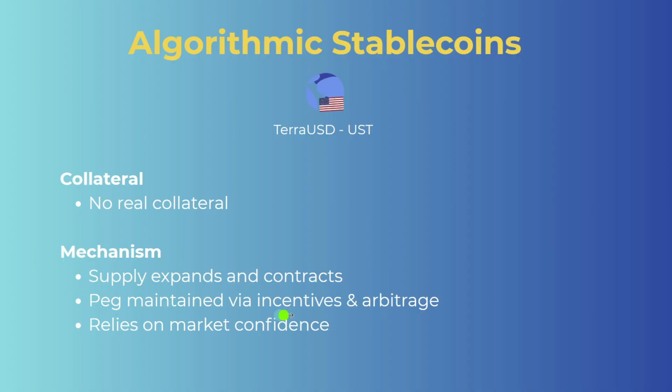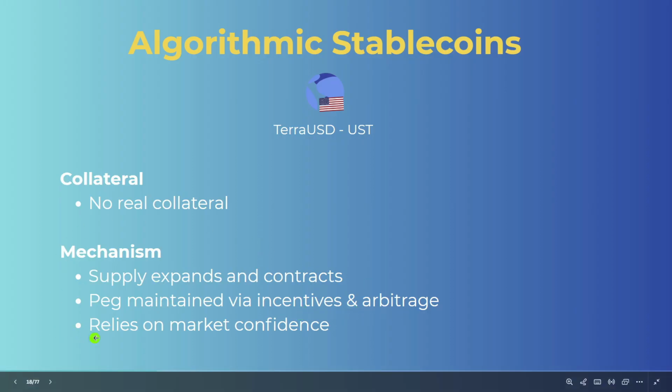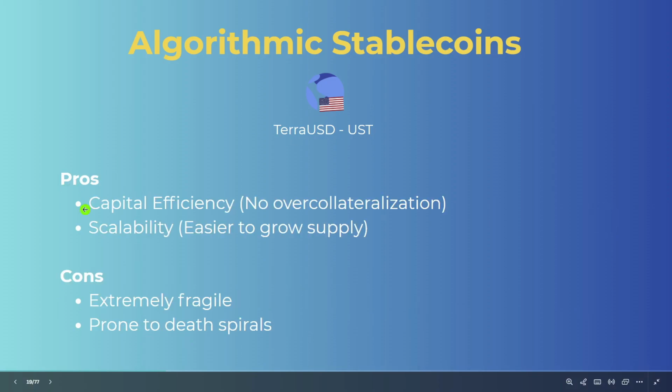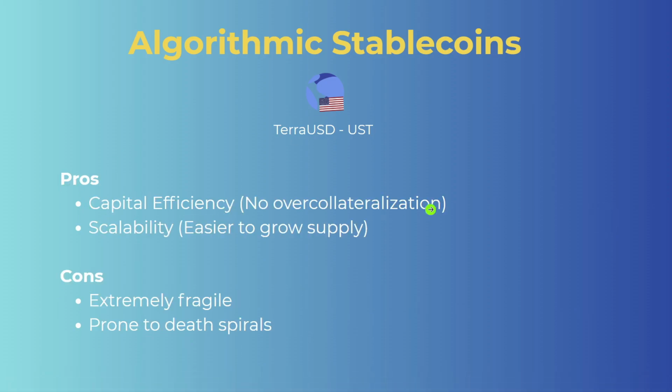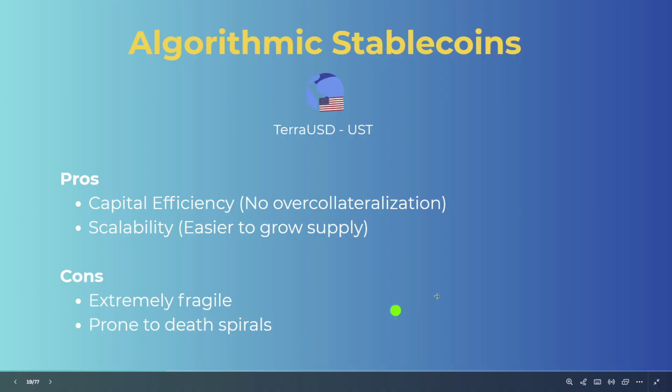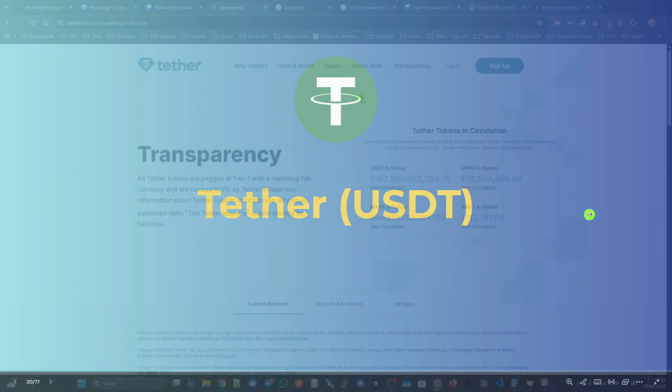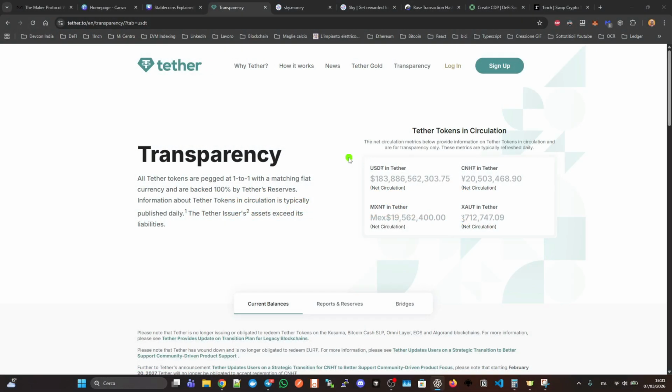The peg is maintained via incentives and arbitrage, and it relies on market confidence. Pros, of course, capital efficiency, there is no over-collateralization, and scalability, easier to grow supply. Cons, extremely fragile, prone to death spirals.